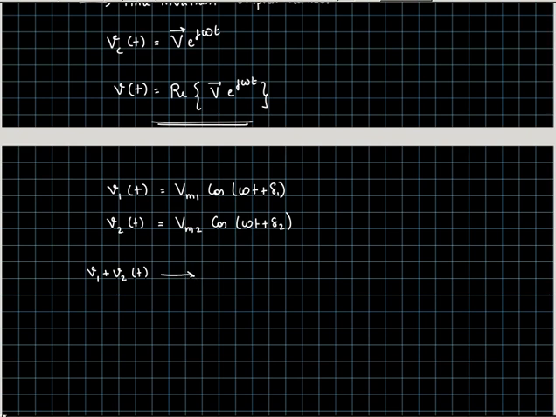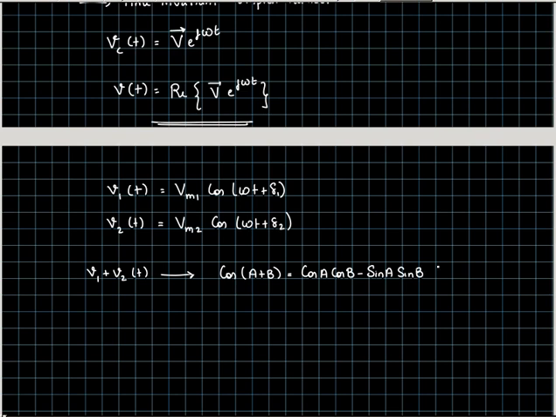So, the conventional or straightforward way of doing this would be to expand the terms cos(omega t plus delta 1) and cos(omega t plus delta 2) using the trigonometric relation cos(a plus b) equals cos a cos b minus sin a sin b.